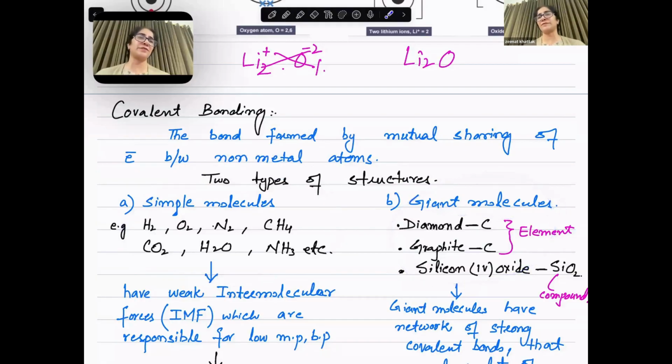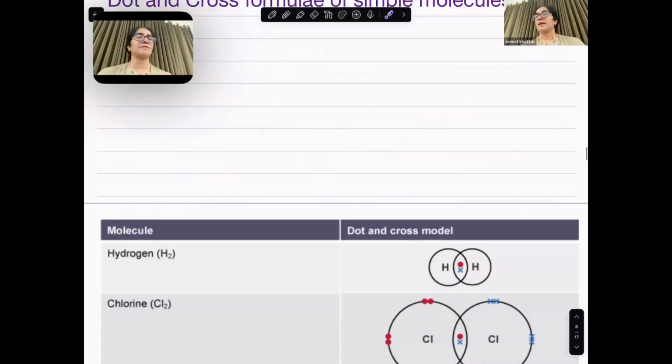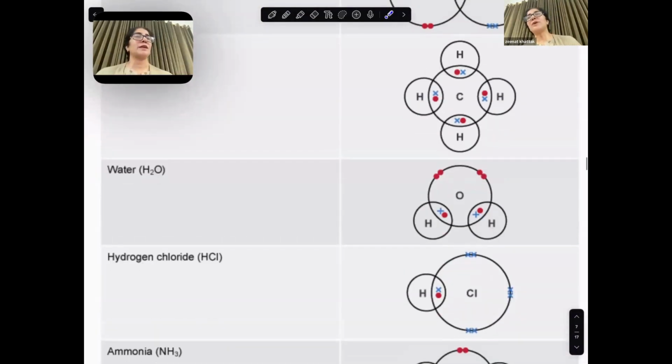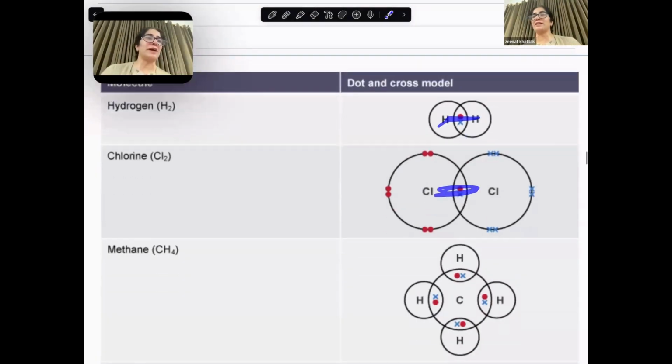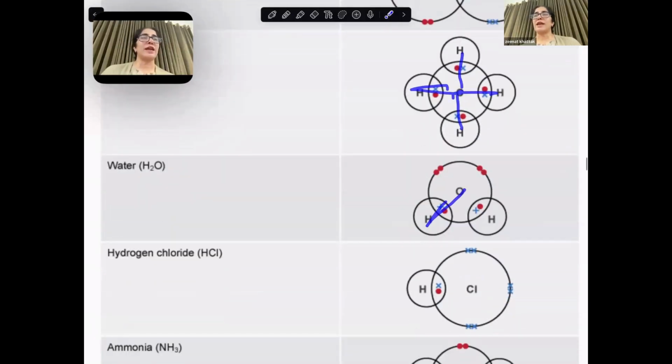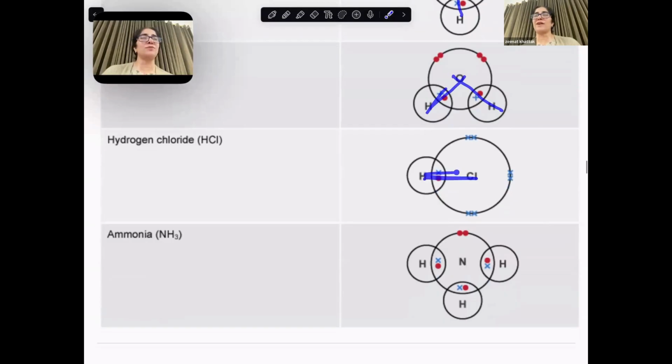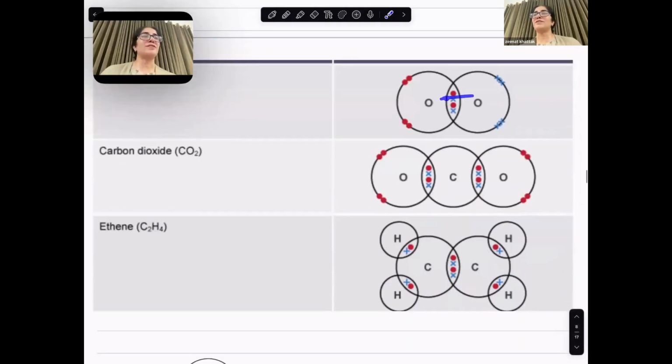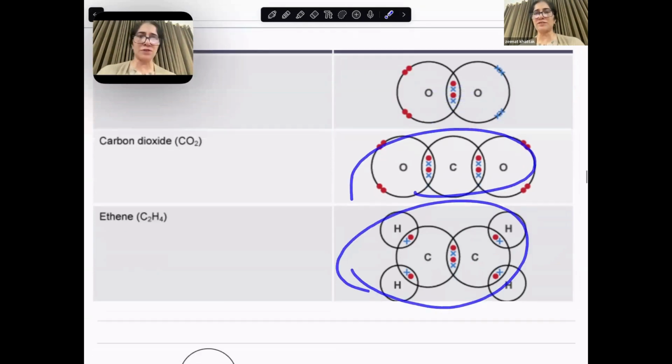You know what is the difference? In simple molecules, there is this one covalent in CH4, look, just 4 covalent, H2O 2 covalent, group 7 1 covalent, NH3 3 covalent, and this is double covalent, this is carbon dioxide, ethene, this I'm going to discuss, wait a minute.